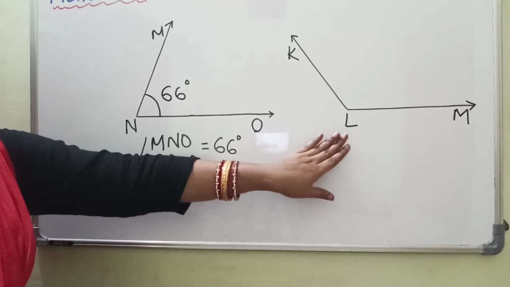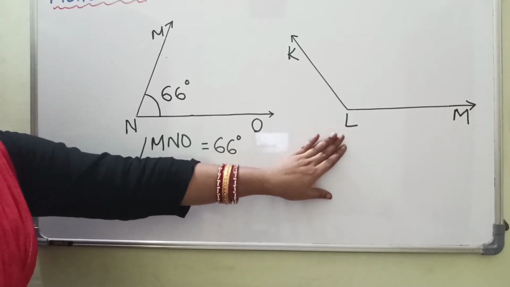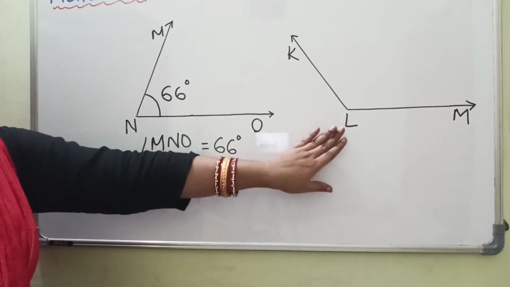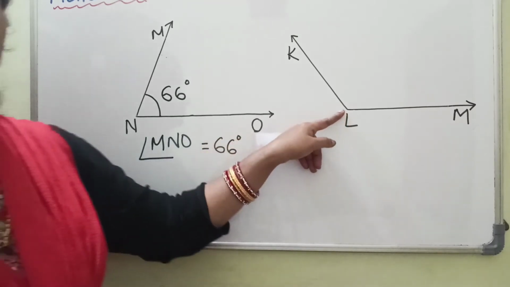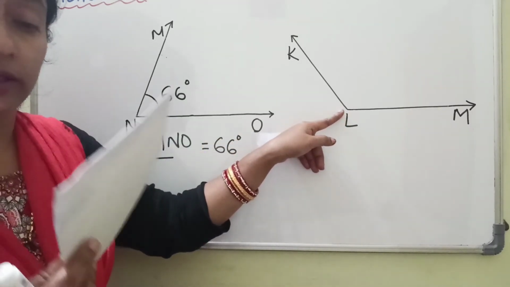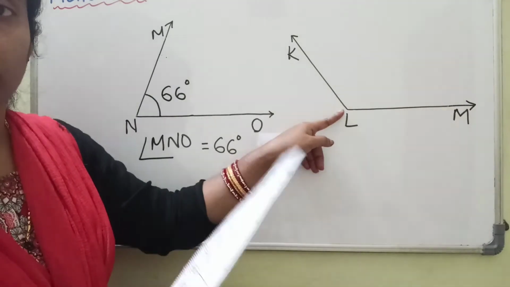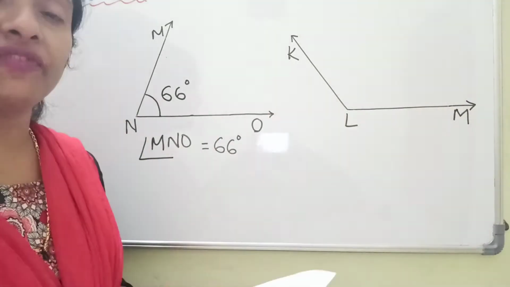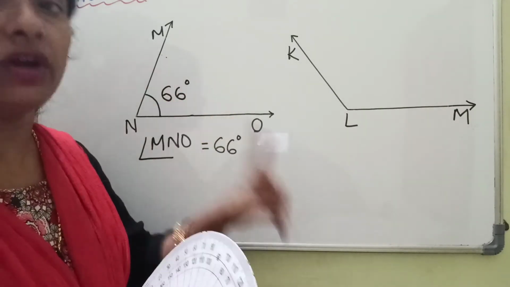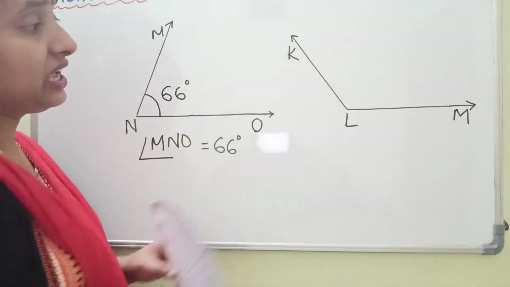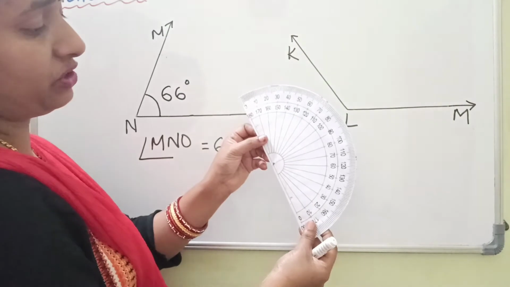So what we will do first, we will try to keep the center of the protractor on the vertex of the angle, and then we will try to adjust the protractor in such a way that the base of the protractor will coincide or will be along one of the arm. So suppose I am trying to keep the protractor like this.